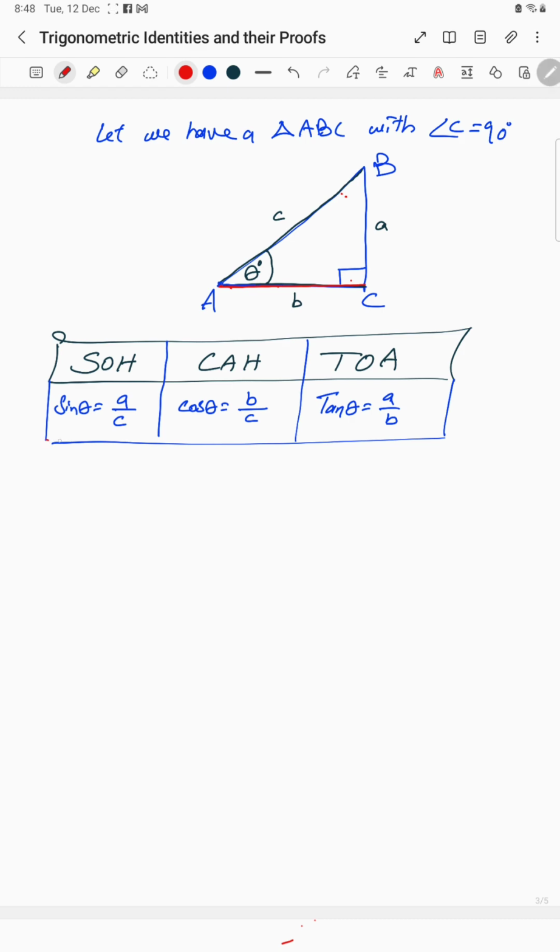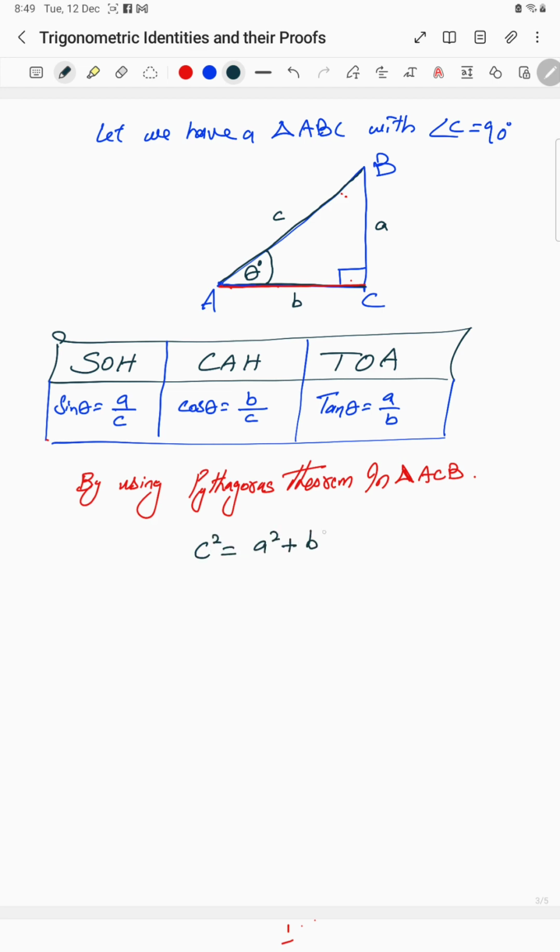We can say that sine theta is A over C. Here, we can apply the Pythagoras theorem in right triangle ACB, and we will get C square is equal to A square plus B square, right?